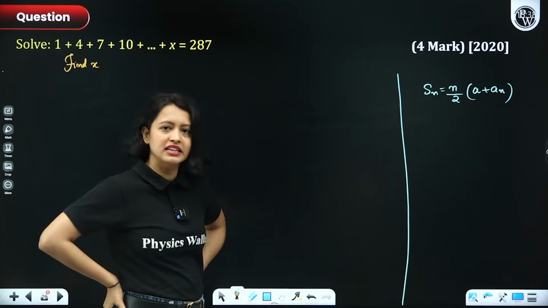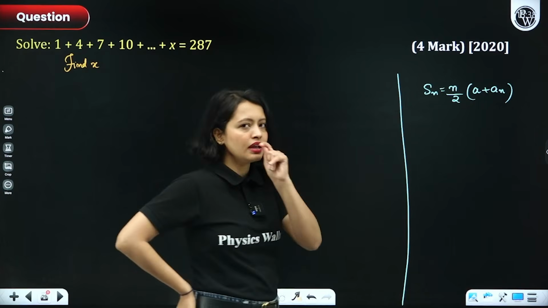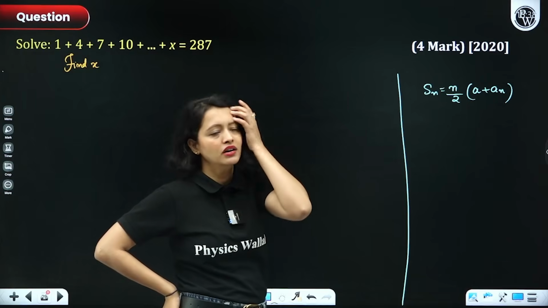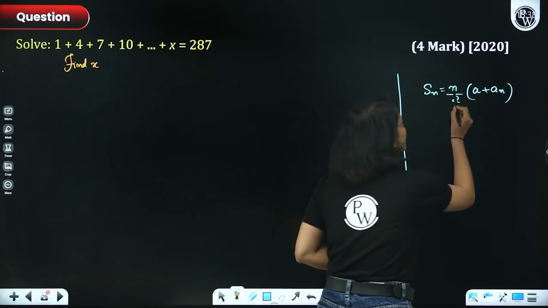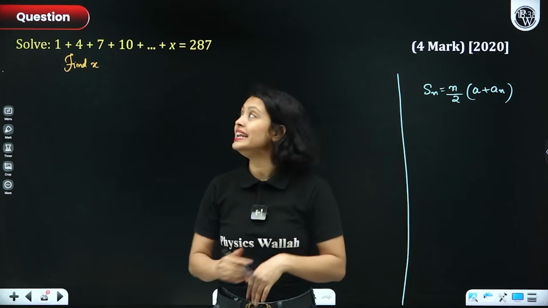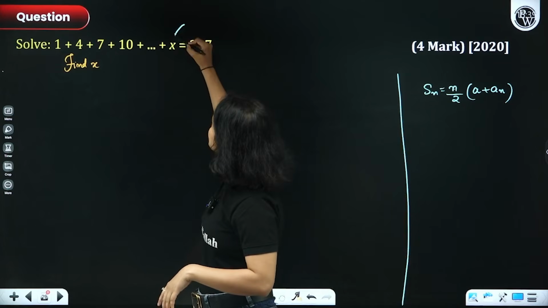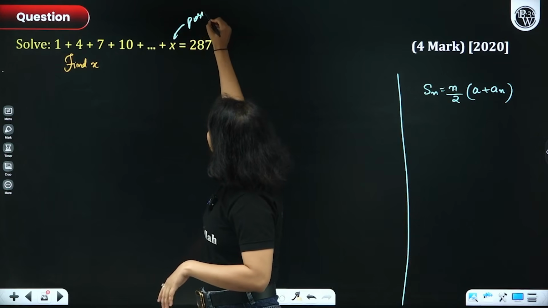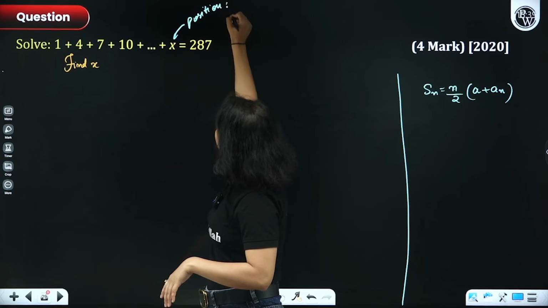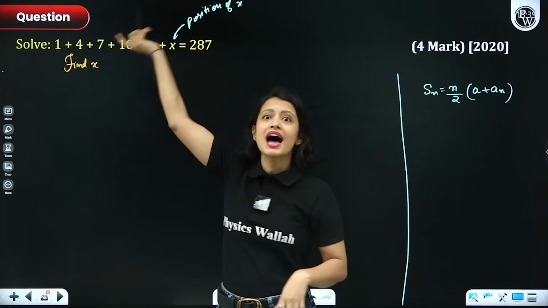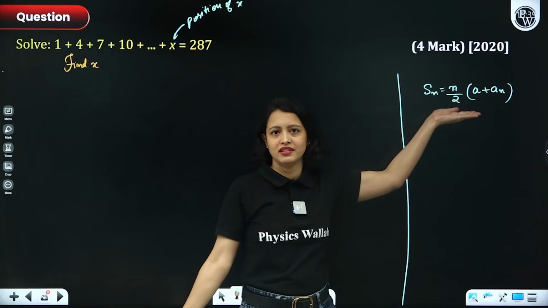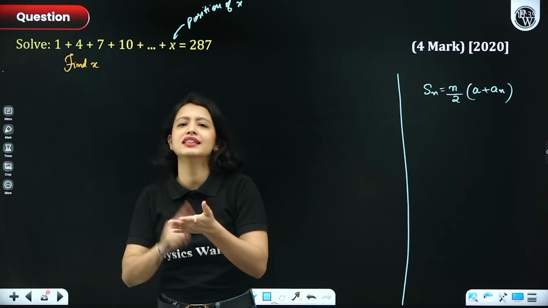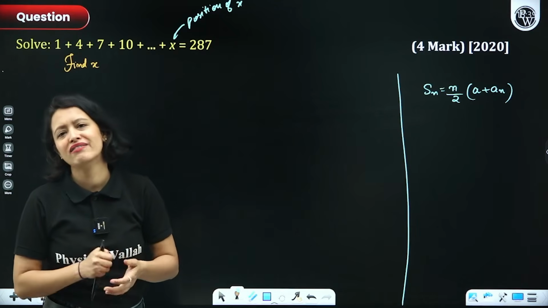But what is the problem here? The problem here is I need the value of n. I need to know the position of x. I do not know that. So how can I directly apply this when I don't have the value of n? So the first thing that you're going to do here is find the value of n.